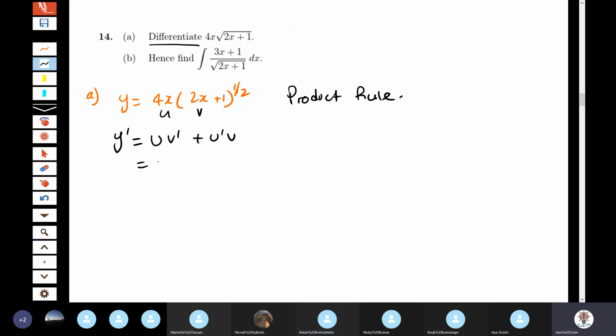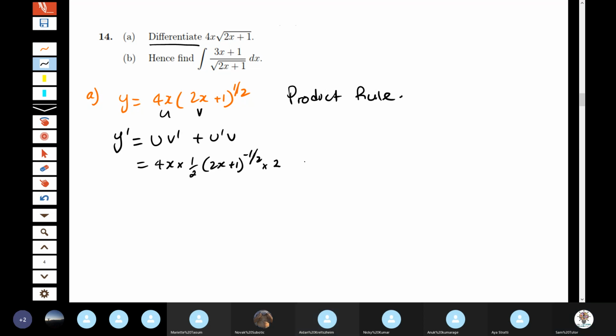So that becomes 4x times, times 2. How do I differentiate V? V is this whole thing. Half 2x plus 1 to the negative half times 2.